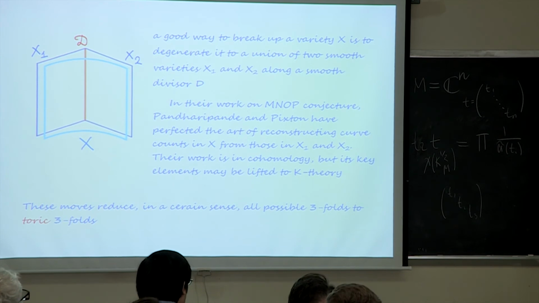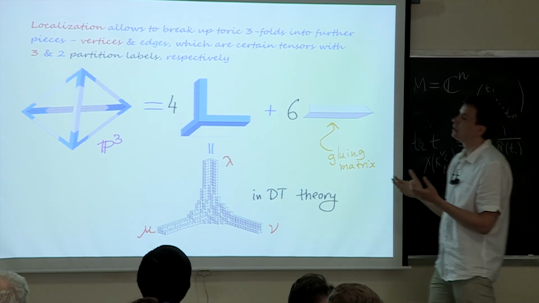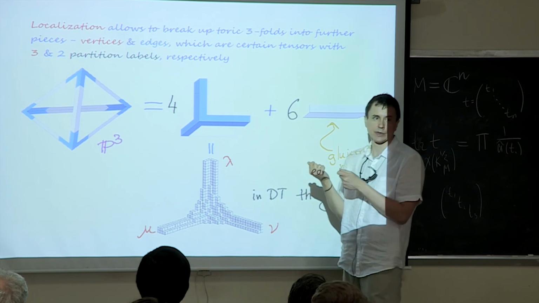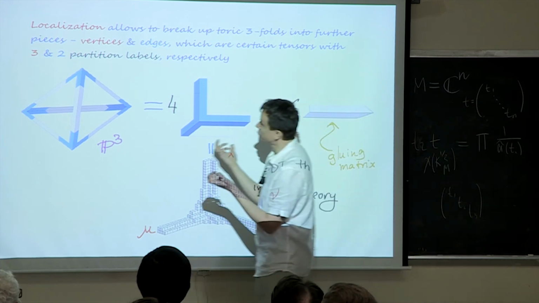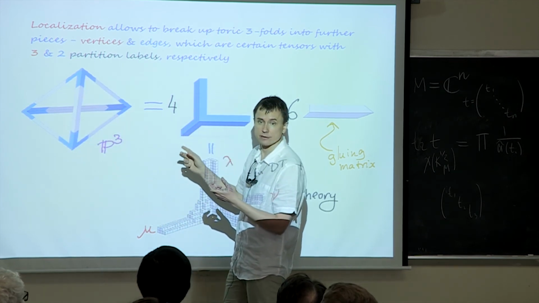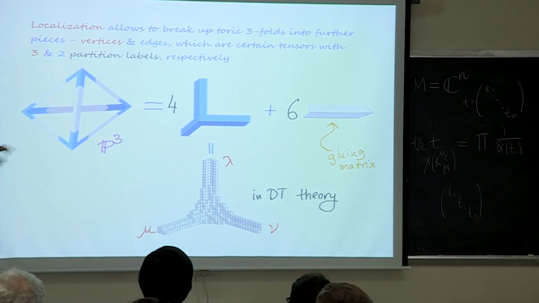So now with toric varieties, there's a further way to break them. Namely, we've talked about localization many times. So if we look at the Hilbert scheme of curves in the toric variety, here's a toric polygon that corresponds to P3. This is the moment polytope for P3.